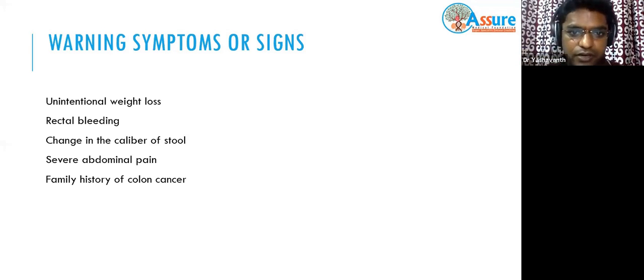And most of it I have covered in my previous slides. The only thing you need to know is the warning signs and symptoms which warrant an evaluation or a colonoscopic evaluation: unintentional weight loss, rectal bleeding, change in caliber of stools, severe abdominal pain, and family history of colonic cancer.